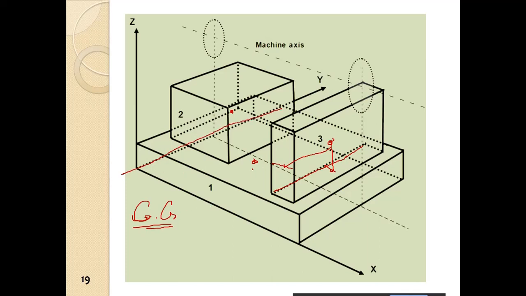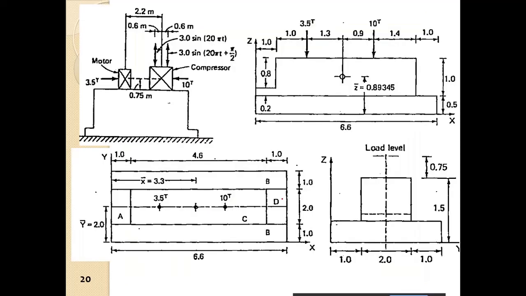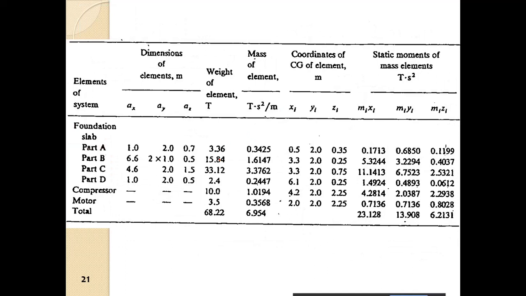You find the moments about the CG and find the combined CG of the entire mass, either in the y-axis or the x-axis. I'm not going into detail of that. So that is how you find out the CG of the system.